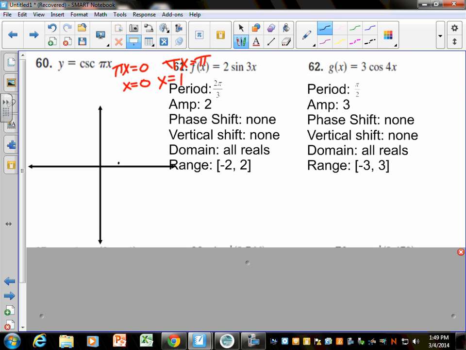So if there's one at 0, there's one at 1, where's my next asymptote going to be? 2 and 3, because they're equally spaced. Negative 1, negative 2, negative 3. I need all those.